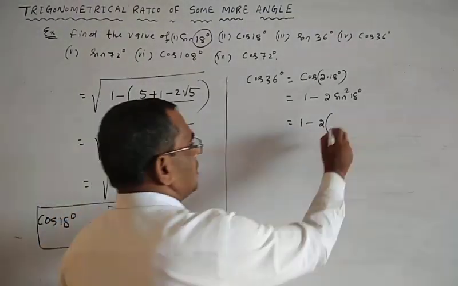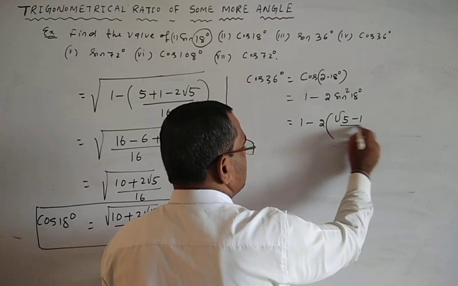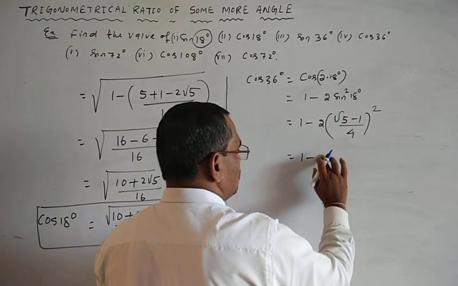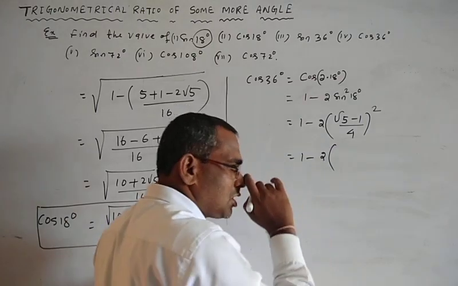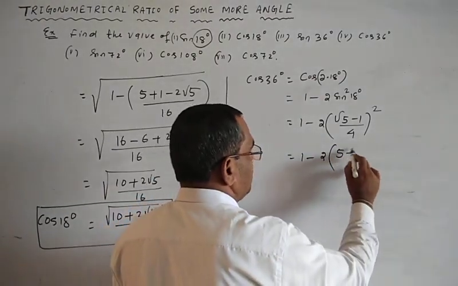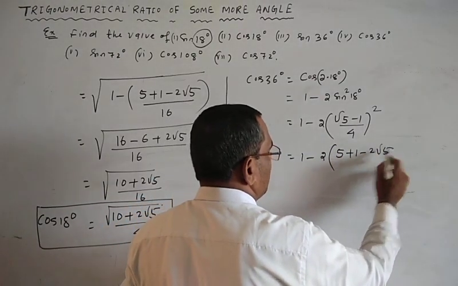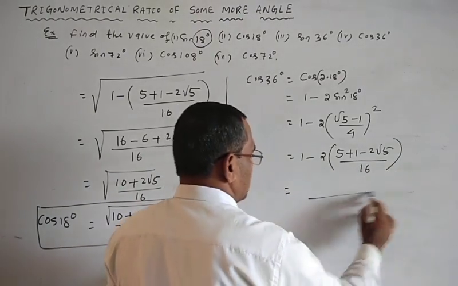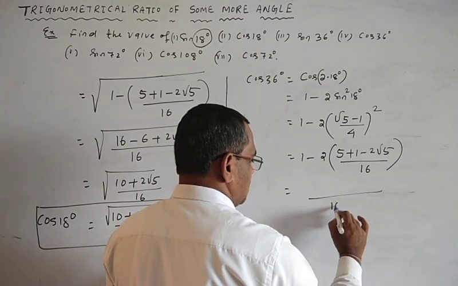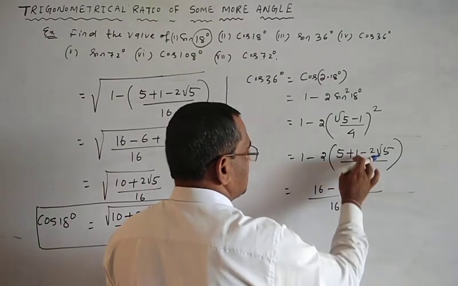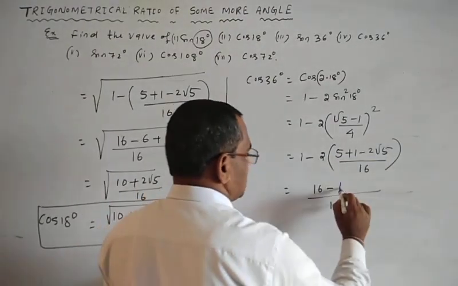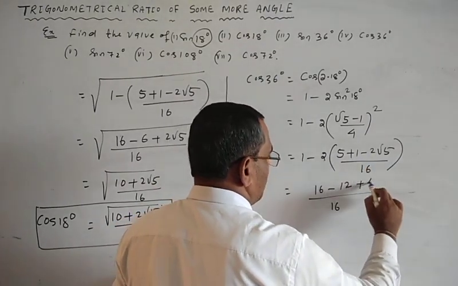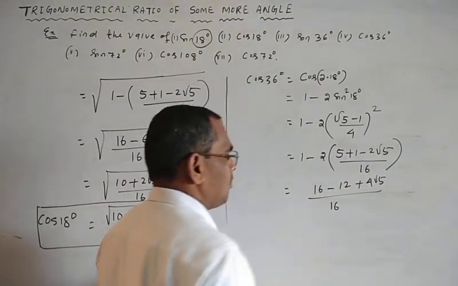You know sin 18 is equal to root 5 minus 1 by 4. So this is equal to 1 minus 2 into (root 5 minus 1) whole square by 16. So this is 1 minus 2 into (5 plus 1 minus 2 root 5) by 16. Taking LCM 16, we have 16 minus 12 plus 4 root 5.